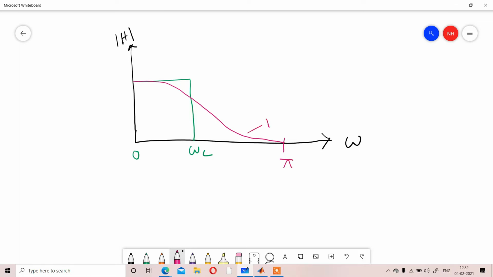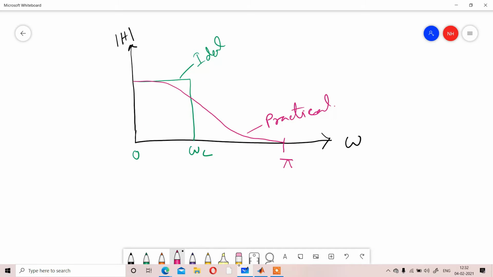In the practical filter, what is happening? A sudden change at the cutoff frequency is not happening here.